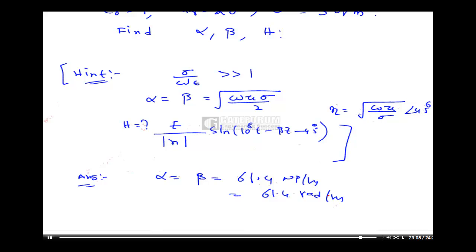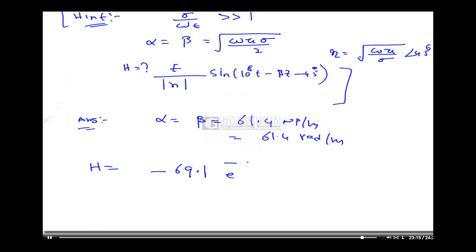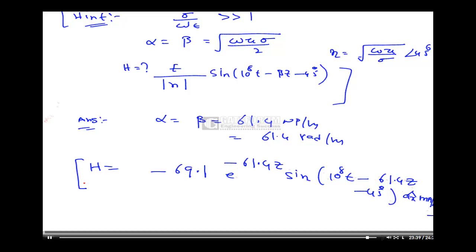The H value is 69.1 e power minus 61.4 z sin 10 power 8 t minus 61.4 z minus 45 degrees ax cap milliampere per meter. So this is the H value. Please solve the problem and verify your answers based on this procedure.